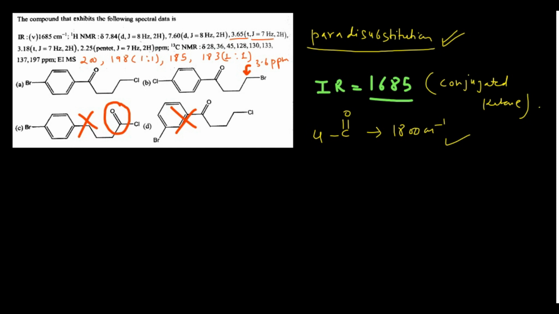Of course it is a triplet because in the neighbor two hydrogens are also there, at this position. And if you check, two hydrogens are here and two hydrogens are here, so it will produce a quintet. And that quintet, what the proton NMR says, is around 2.25.